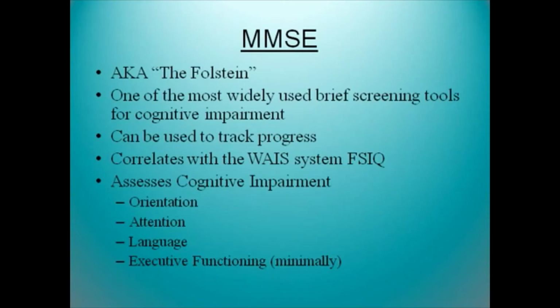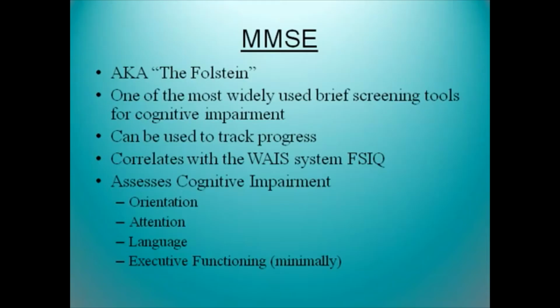The MMSE, aka the Folstein, is a brief screening tool used for cognitive impairment. It can be used to track progress over time. It correlates well with the WAIS for the full scale IQ, in the same way that the QUIC kind of does, assessing cognitive impairment in these different domains. But mind you, this is just a screening device.